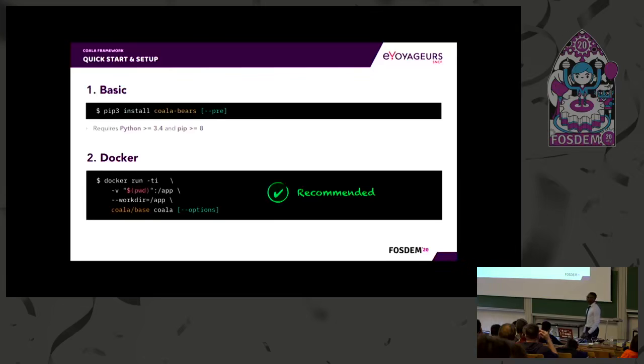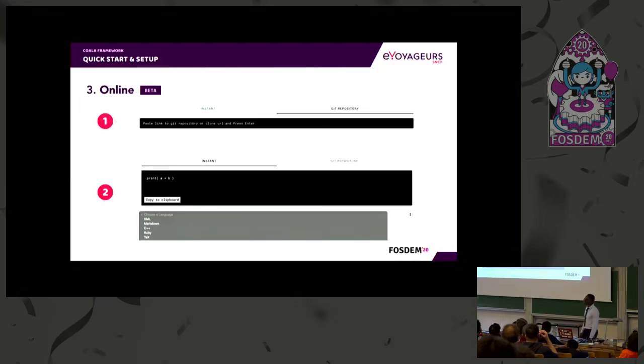You just use the container which is packaged up with all the things you need. You have another way, which is online. You have a beta web page online where you can just put the repository of your code and start working on it.